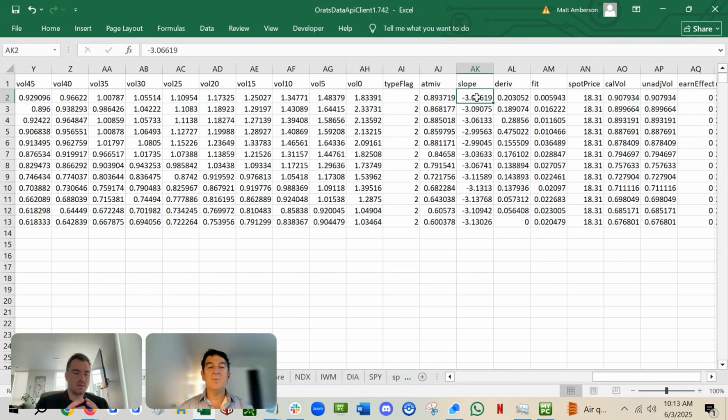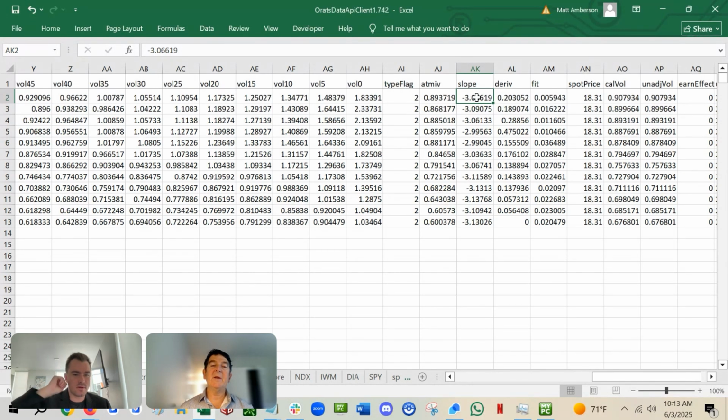So the slope, just to clarify this, we're measuring the implied volatility skew, which is basically all those vols: 45, 40, 35. That draws the skew. Right. And then the slope is the measurement of the skew if you were to draw a tangent line at the 50 delta point in the ideal skew.